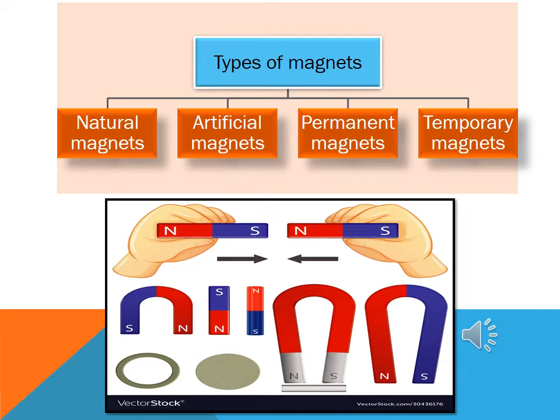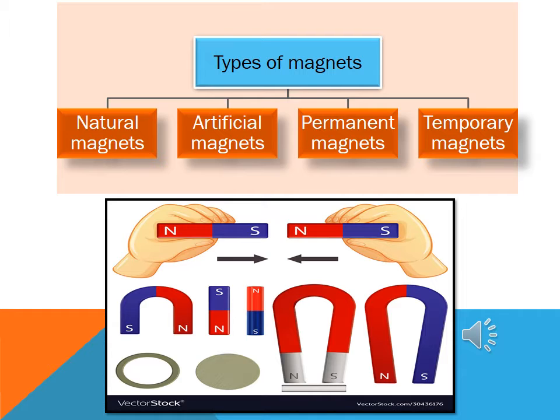Artificial magnets: when a magnetic substance such as a piece of iron is rubbed with a lodestone, the iron piece acquires magnetism. Such a magnet is called an artificial magnet. Artificial magnets can be made of different shapes to suit the requirement of their use.